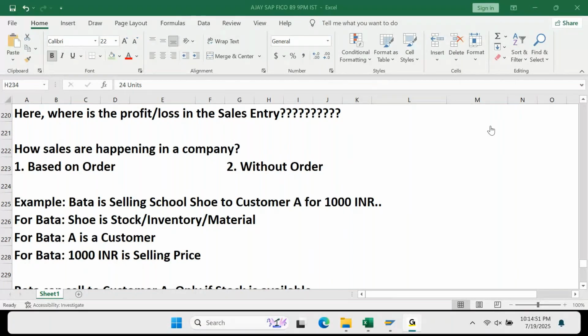Now, there are two types of taxes. One is direct, another one is indirect taxes. We need to understand what is direct tax. We also need to understand what is indirect tax, meaning sales purchase tax, withholding tax, or tax deducted at source, tax collected at source.